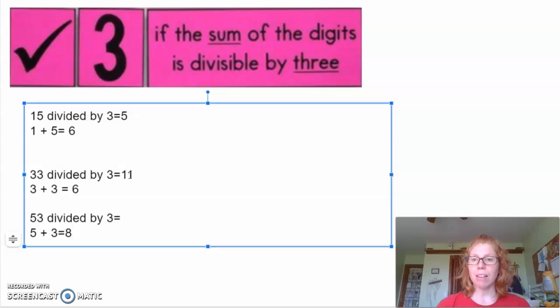Can 3 fit into 8 at all? No, it cannot. So 53 cannot be divided by 3 evenly. It can, but that's when you get into decimals, and that's a 4th grade task. We're just focusing on numbers being divided evenly.